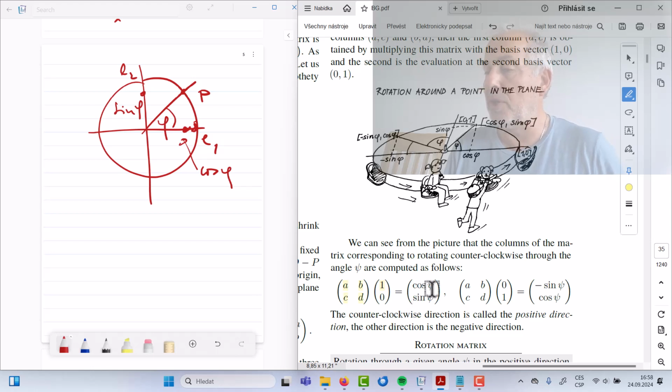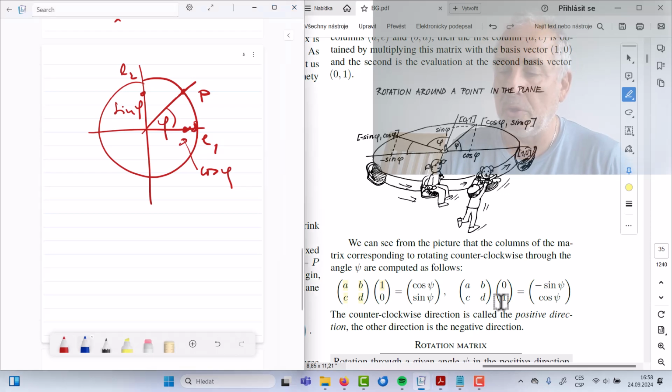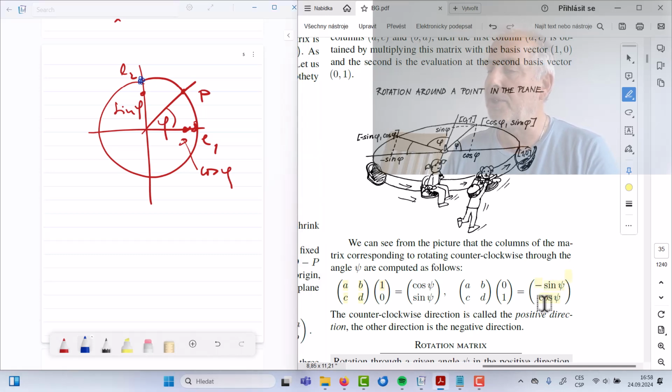So this will be cosine, well, I call the angle psi here, cosine psi, and the other coordinate is sine psi. That's just what's there. And then I do the same with 0, 1. So I want to look at this point and tell where it goes. And it's easy to see that it will be exactly these two. So this is the matrix of rotation, right?